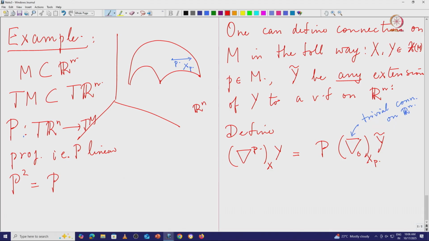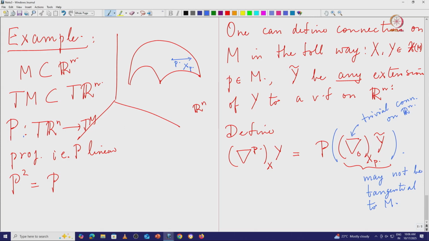Now the issue is that Y tilde is a vector field on R^n, so if you differentiate it with respect to X_p, even though X_p is tangential to M, this result may not be tangential to M. So what you do is you apply the projection map.